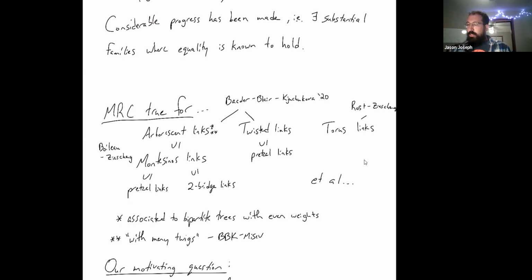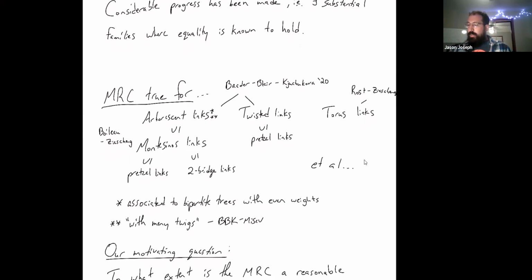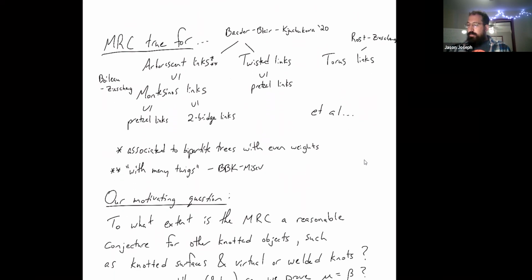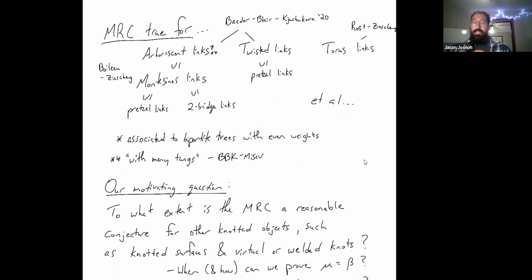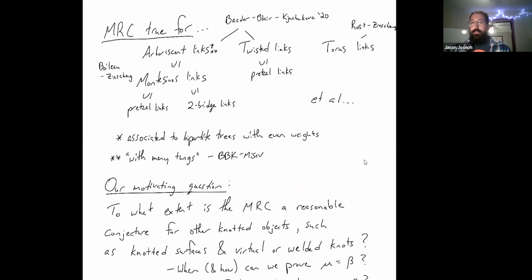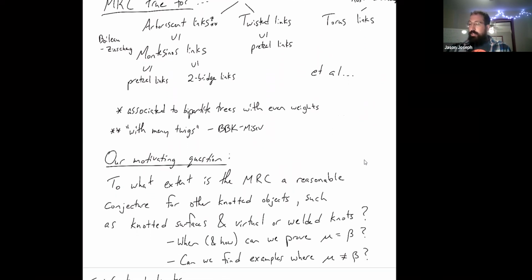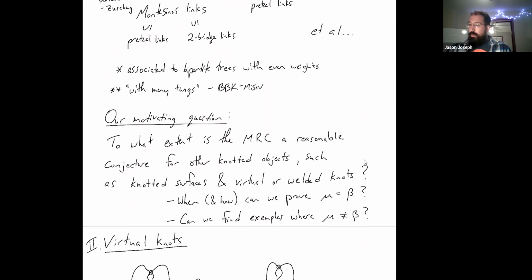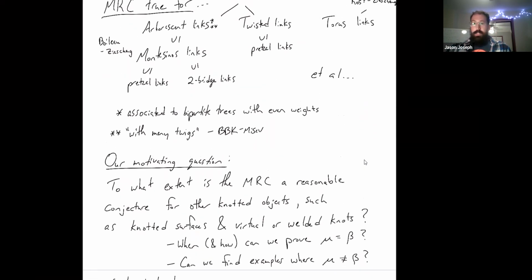You'll get a flavor of that as we go on. And of course, you could hope to disprove it, to find an example where the meridional rank is strictly less than the bridge number. So we have something to say about a potential family of counterexamples that, of course, we can't prove are counterexamples, but I believe that they are.